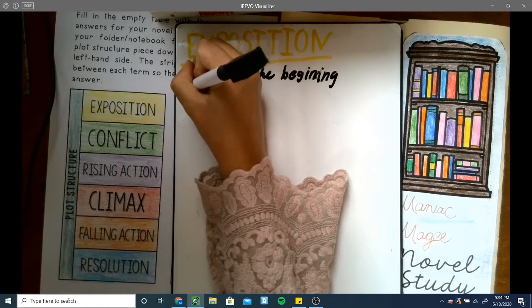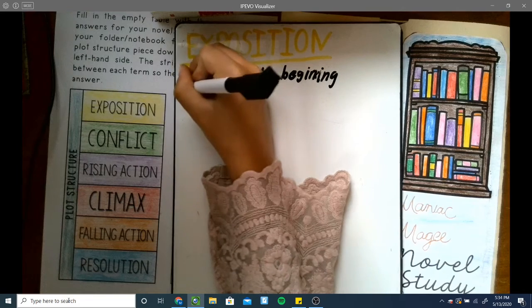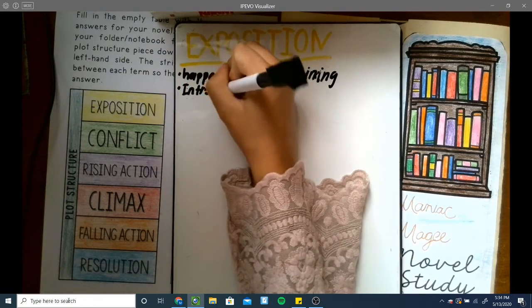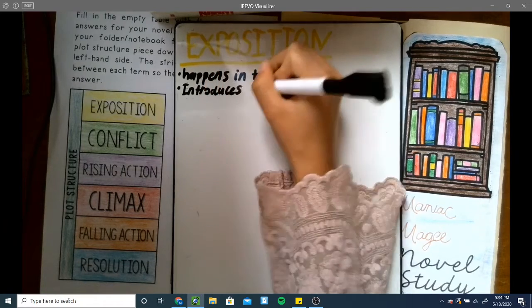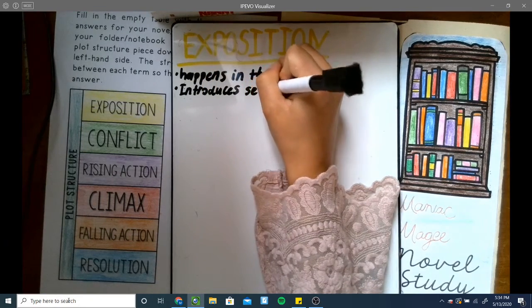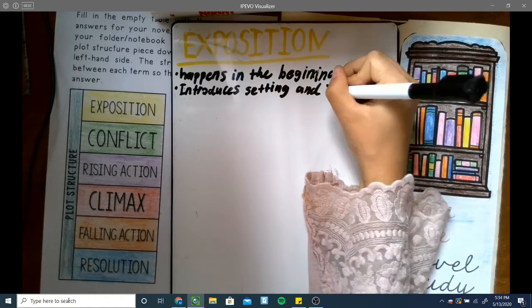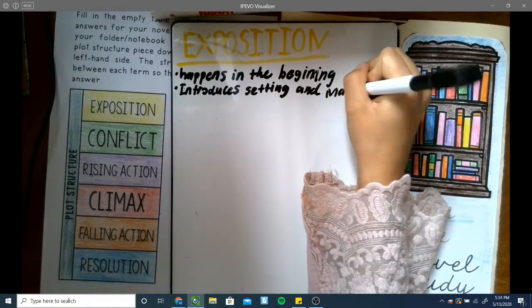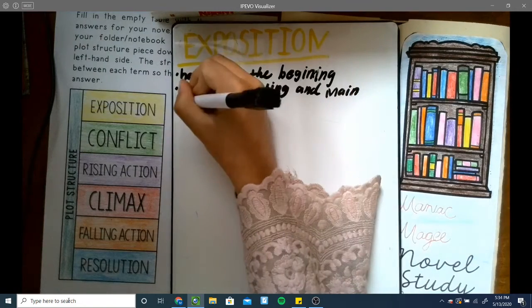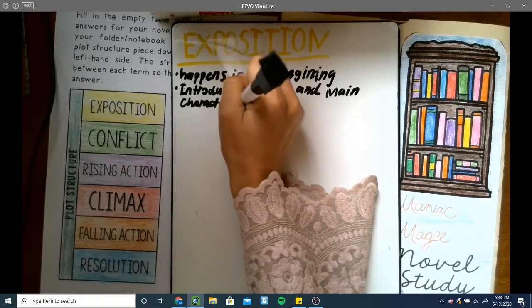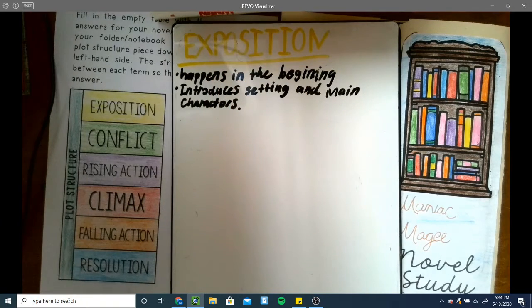So I'm going to say introduces setting and main characters. So it tells where the characters are from and what is taking place.